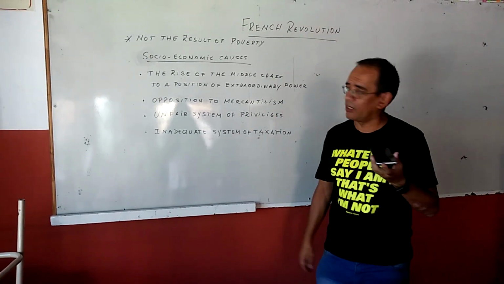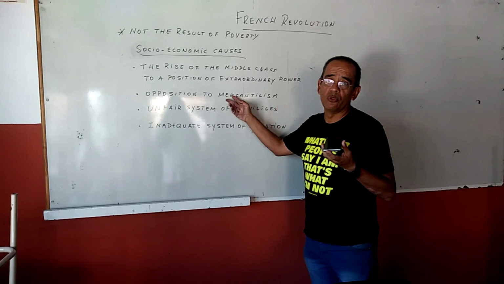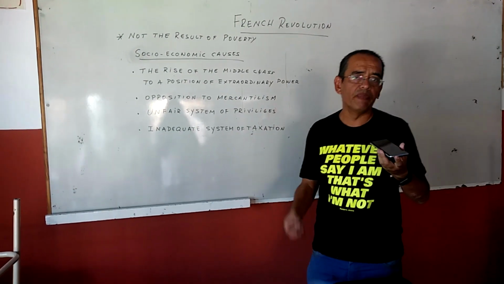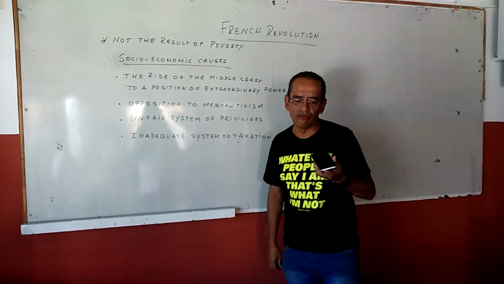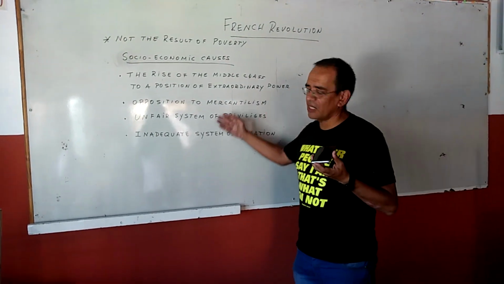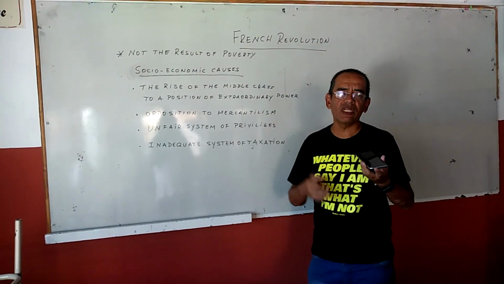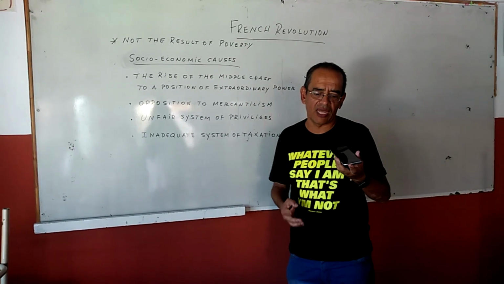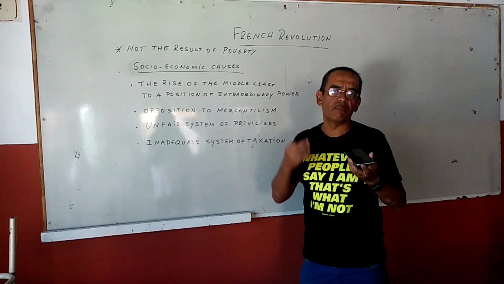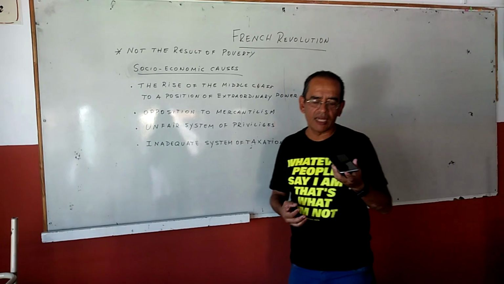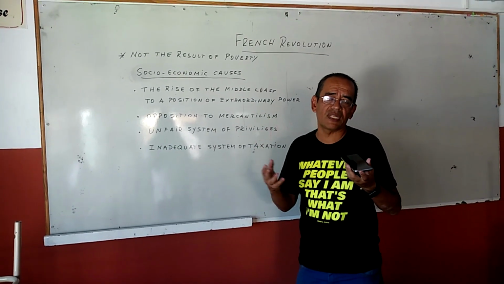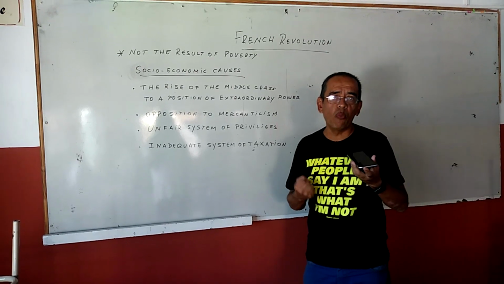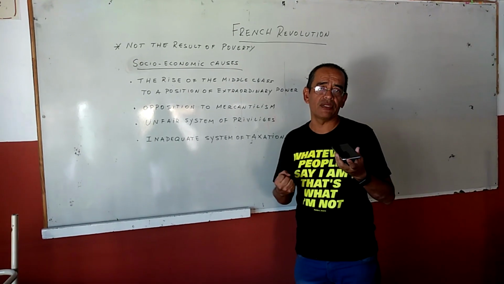Another important aspect is that merchants, that is the bourgeoisie, were fed up with mercantilistic policy. That is why they decided it was time for a revolution. The state controlled every aspect of their commercial life. The state fixed prices and wages, and the state obliged the merchants or the industrialists, in this case, to buy raw material from the French colonies.